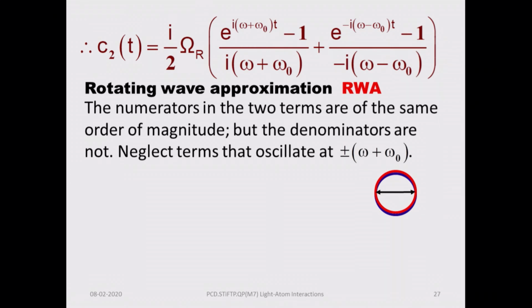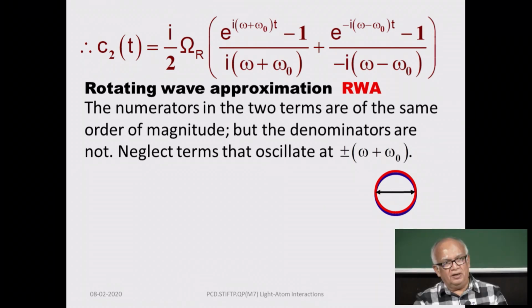So, twice the frequency makes it move well away from the resonant frequency, and it is not going to interact with the system very much. So, which is why the omega plus omega 0 term is not going to contribute very much to this interaction. So, if you look at these two terms that you have in the solution, you have omega plus omega 0 in the bottom and omega minus omega 0 also in the denominator, right.